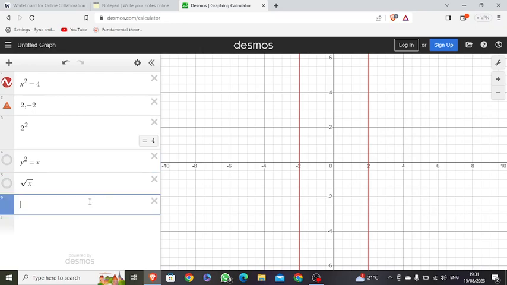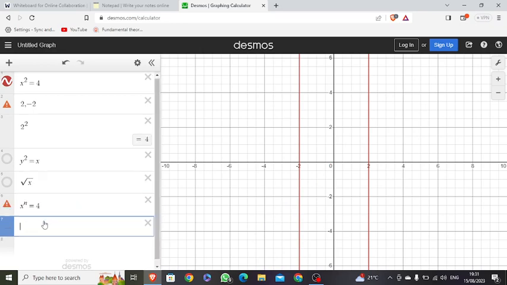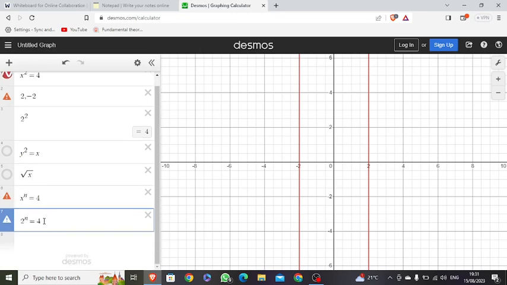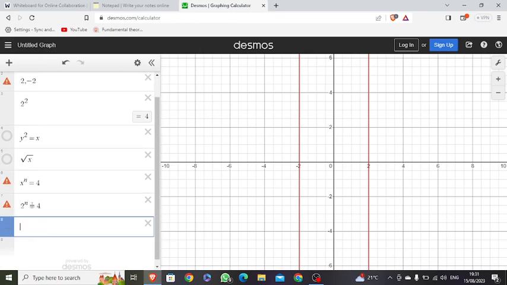So x to the power n equals 4. Let's take 2 to the power n equals 4. What we do is the log is considered.